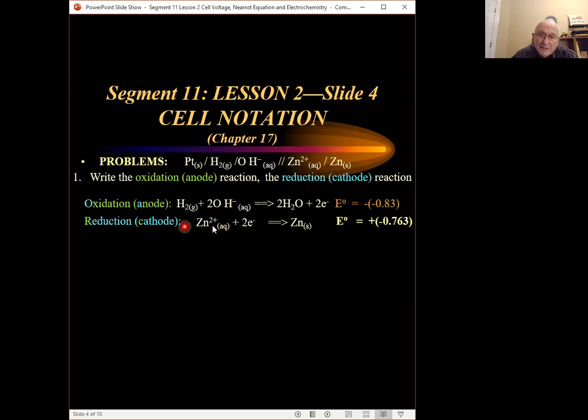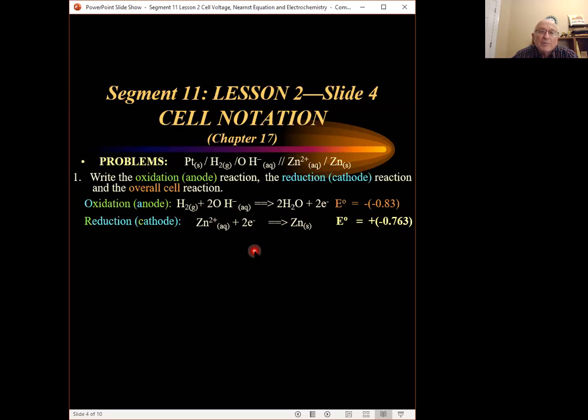Now, this is a reduction cell, so the sign out front is positive. It is the same sign as the table value, whereas the one up above is opposite direction of the table values. They're all reduction. So it's the negative of the reduction potential, and that sign was negative.